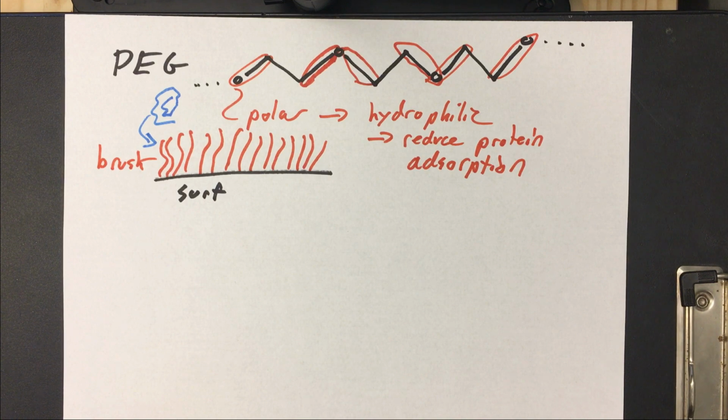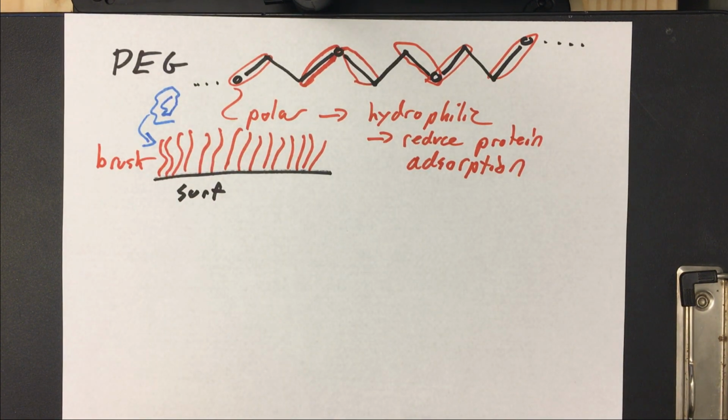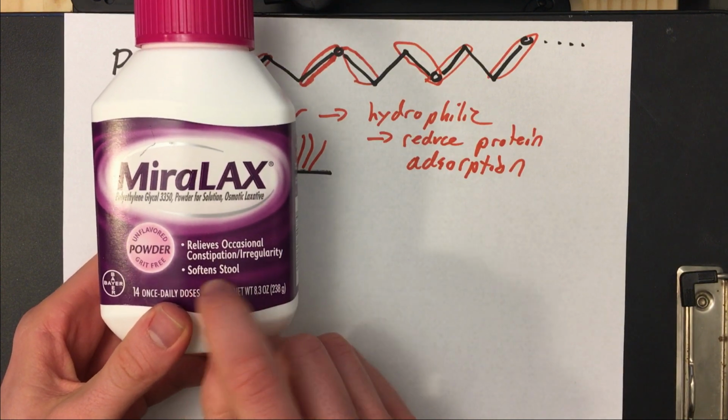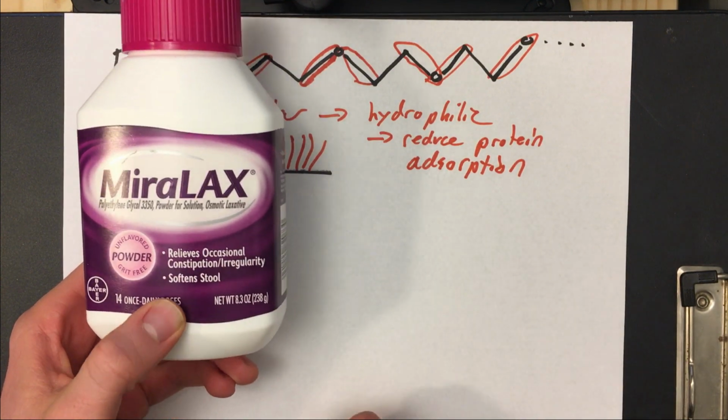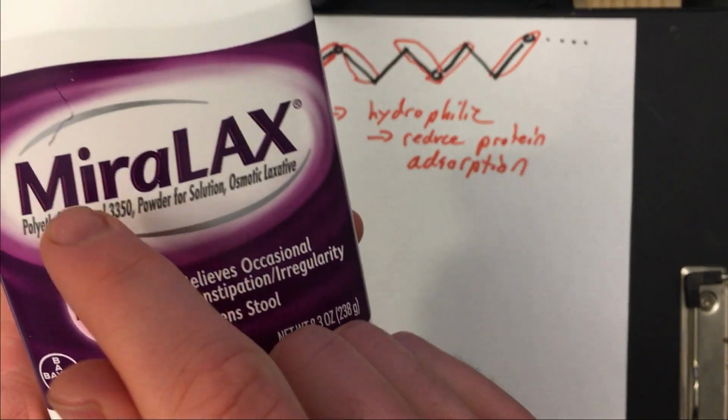And if you don't believe me about how PEG is very hydrophilic, well, you can just look at how PEG is used in some medicine. So right here, I have some Miralax, which is a stool softener, and it relieves constipation and irregularity. And what is the active ingredient in Miralax?